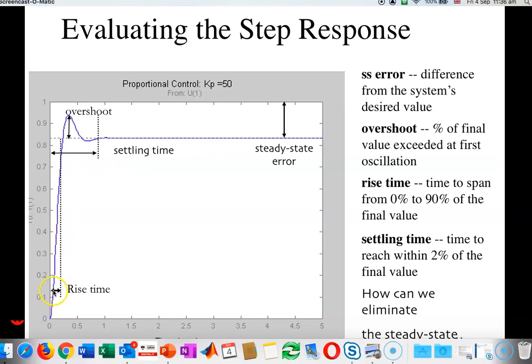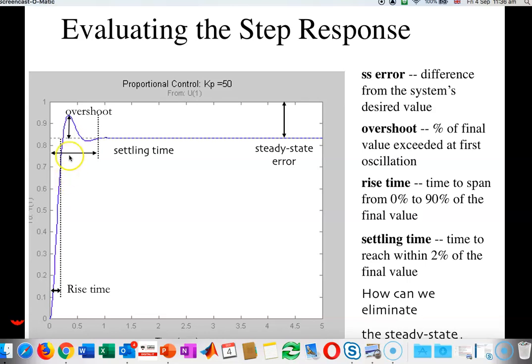It's the time it takes from 0 until 90% of the final value. That's known as the rise time. And of course, if you want a fast response, the rise time should be short. If rise time is increased, the response is slow.